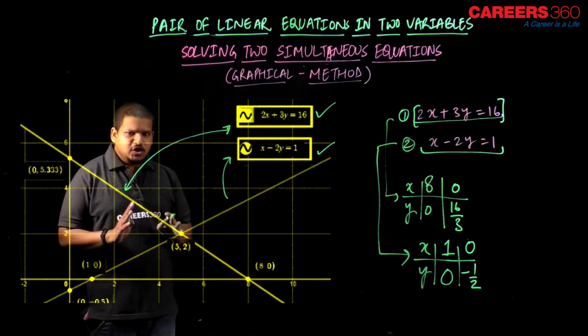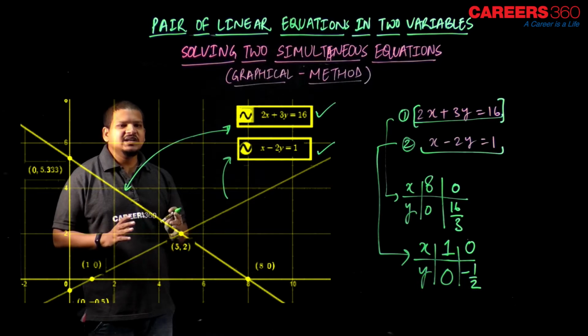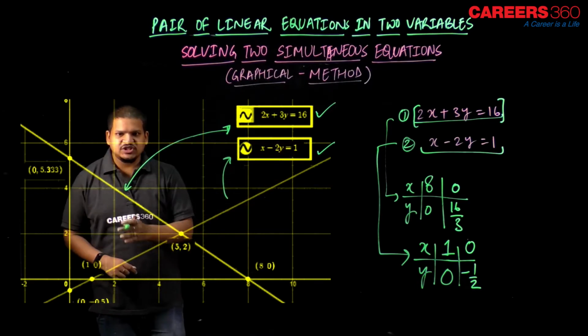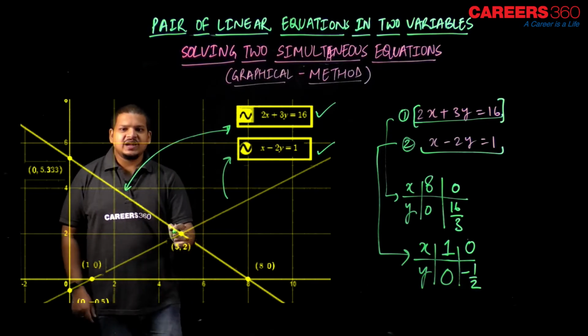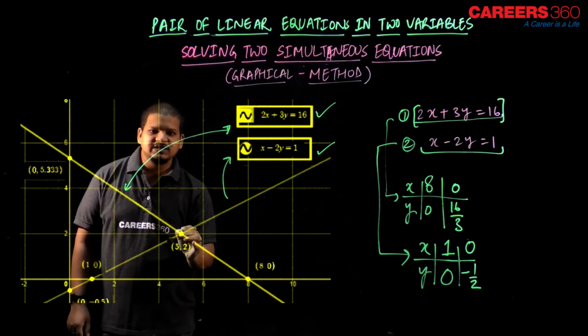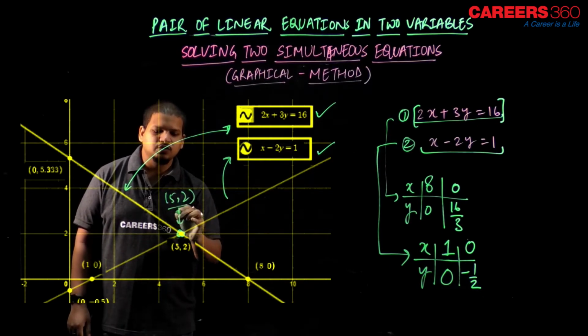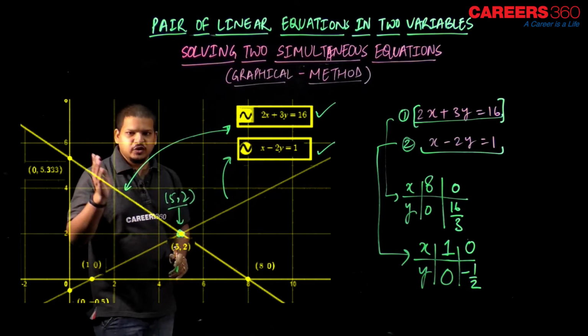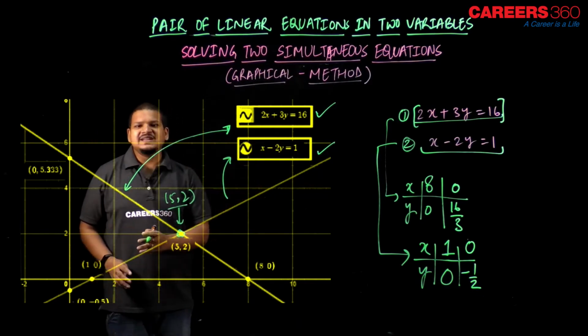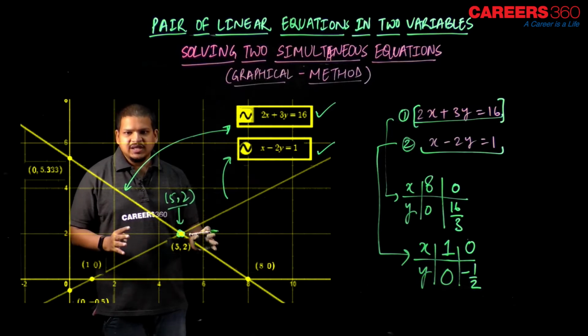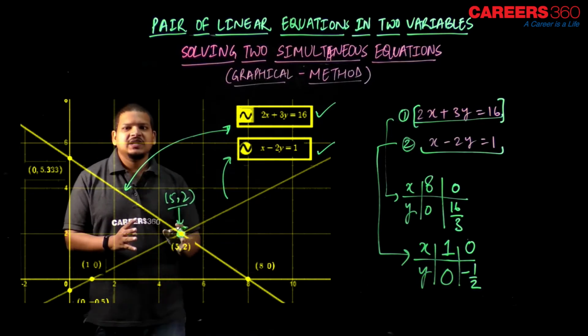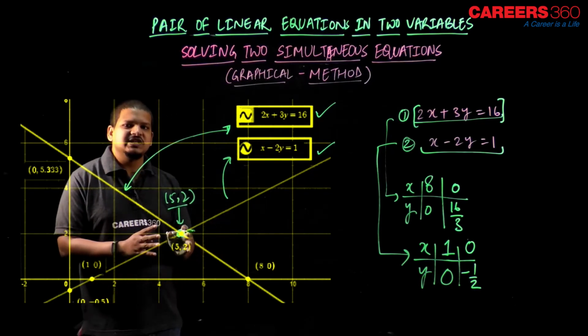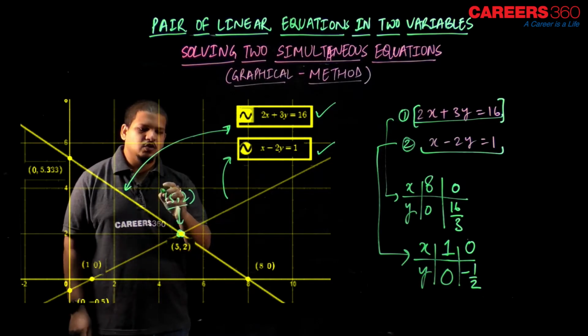Now if you want to find the solution, the values of x and y, then it is the intersection of these lines. At this point, as you can see, there is the point 5 comma 2. At this particular point these two lines are intersecting each other, and that is why this is the solution of these equations.